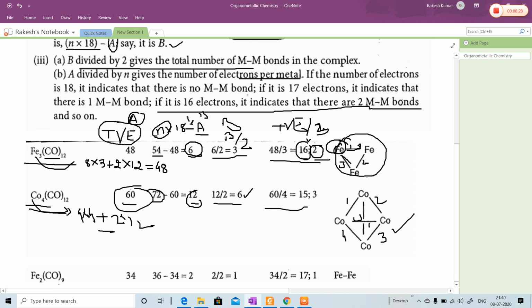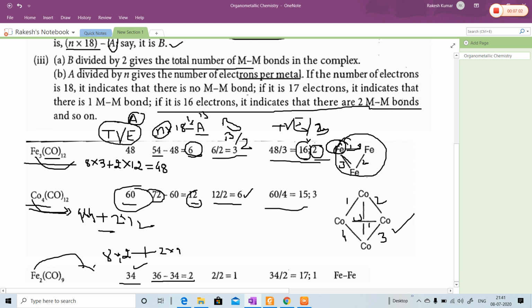And this last one, Fe2(CO)9, there are a total of 34 valence electrons. In case of iron, there are 8 electrons in their valence shell. Then 8 into 2 plus 9 into 2, 18. 8 into 2, 16, plus 9 into 2, 18, then you will get 34 total valence electrons.